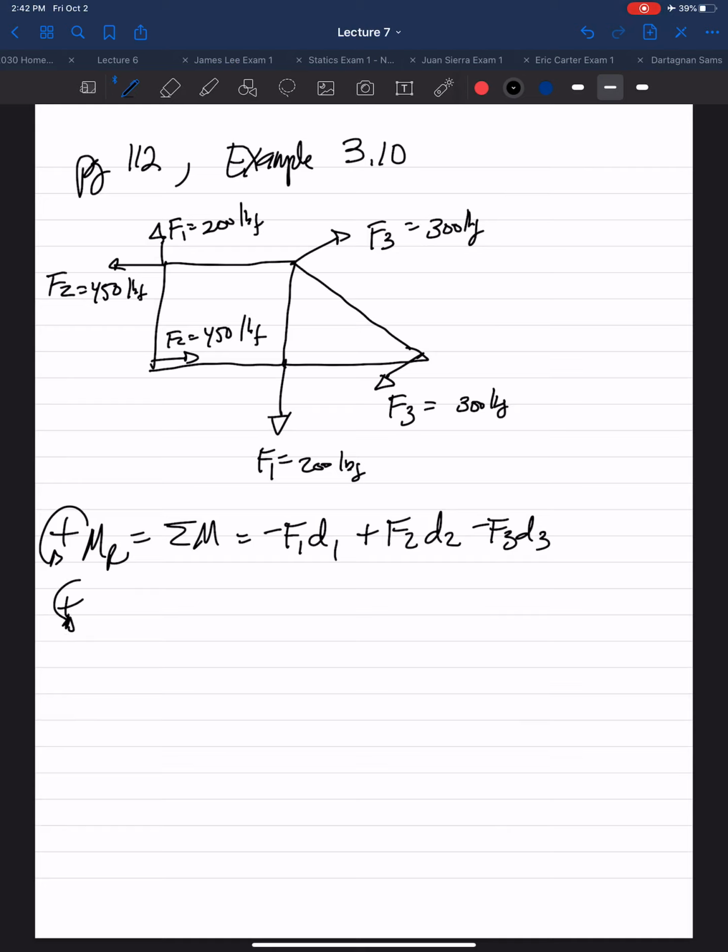So the resultant of the individual couple moments would be the F1s. This is negative, we said, so it's negative 200 pound force. The perpendicular distance between the F1s is 4 feet.